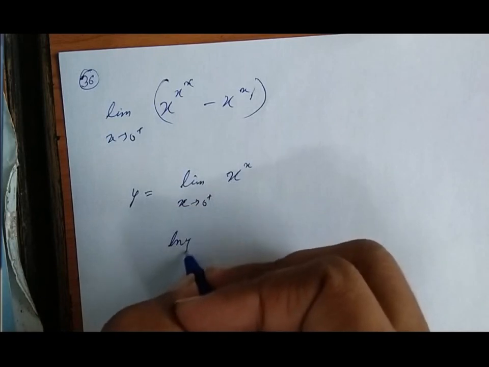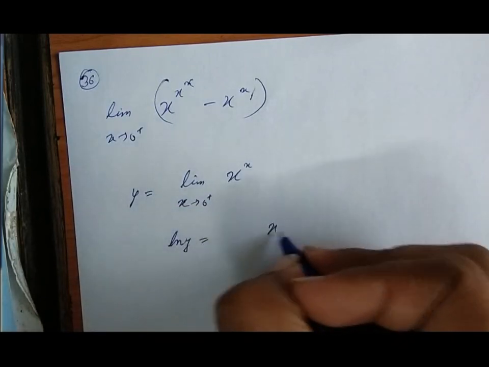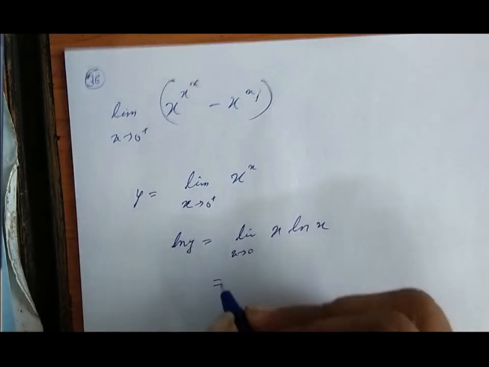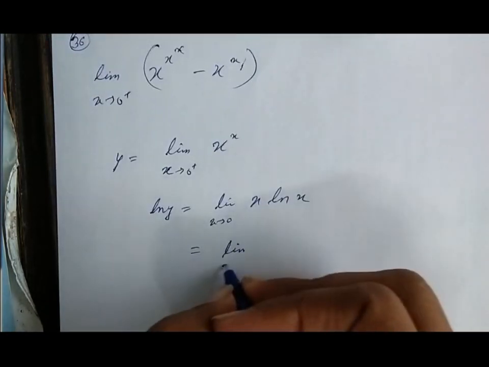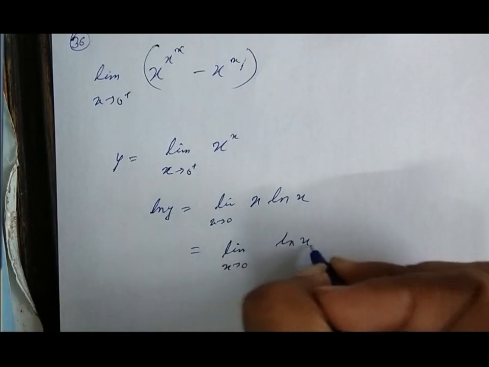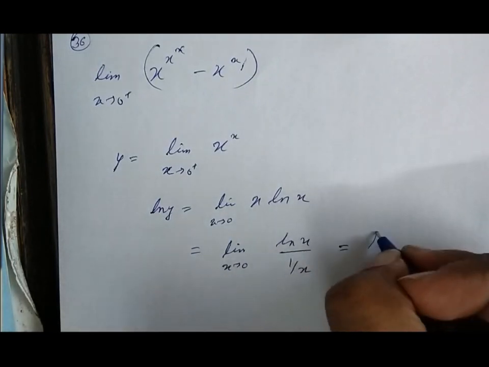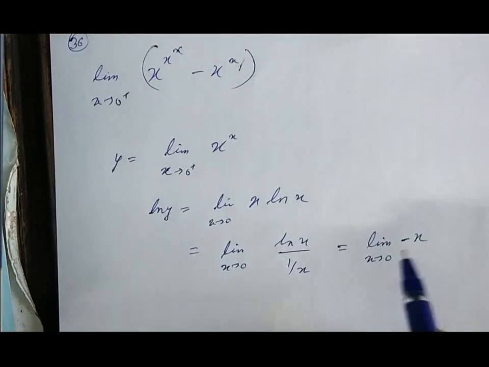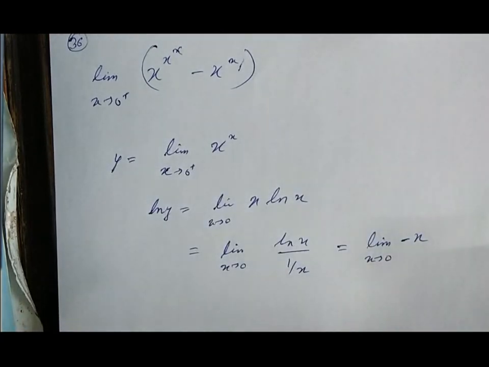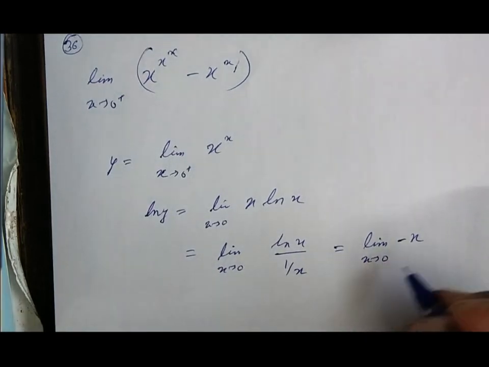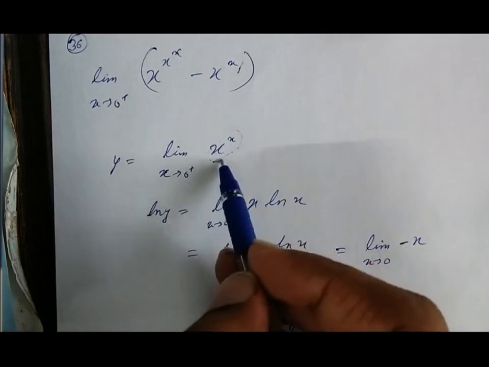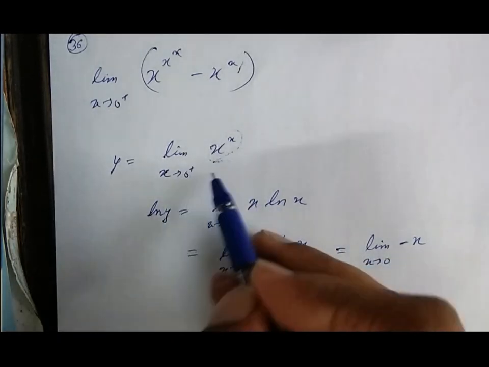So ln y is equal to x ln x, limit x tends to 0, and this would be limit x tends to 0 ln x upon 1 upon x, which is equal to limit x tends to 0 of minus x using L'Hopital rule. So this is equal to 0, so y is equal to 1. So x power x tends to 1 when x tends to 0.